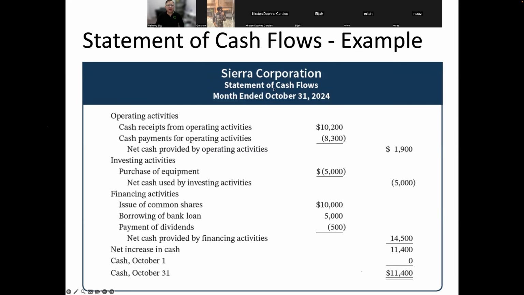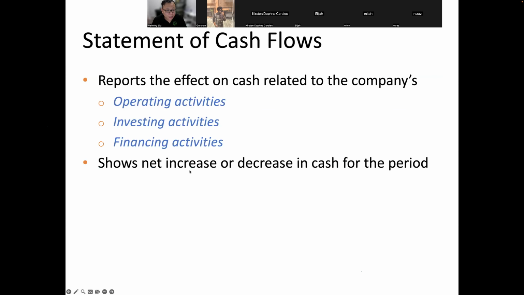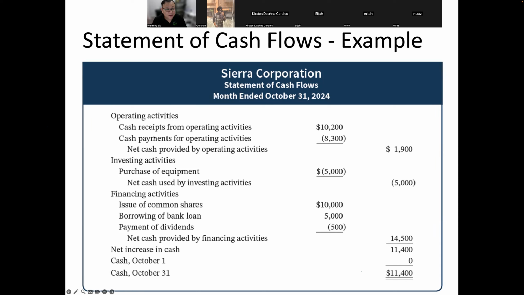For this corporation, the title is Statement of Cash Flow for the months ended October 31st, 2024. You can see there are three activities: operating activities, investing activities, and financing activities. Let's take a look at the first one: cash receipts from operating activity.